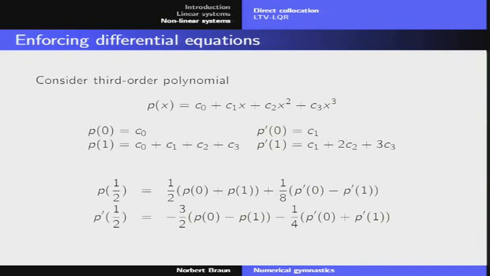Now if you apply this type of equation on one time interval, then you can use this to enforce constraints that are essentially equivalent to differential equations inside this interval.